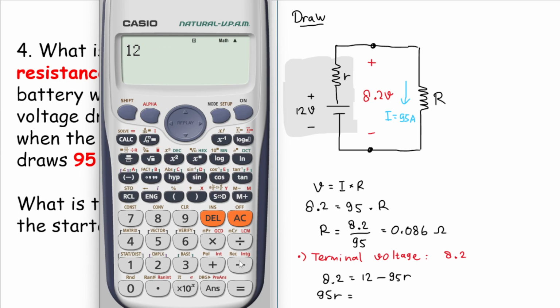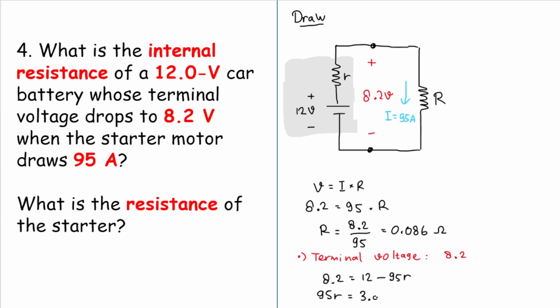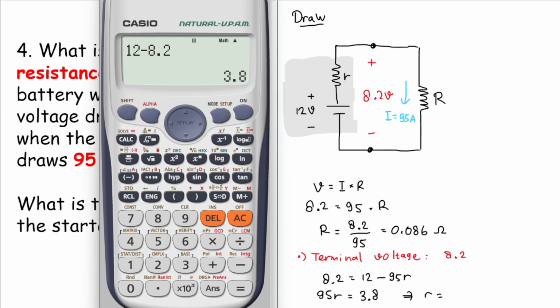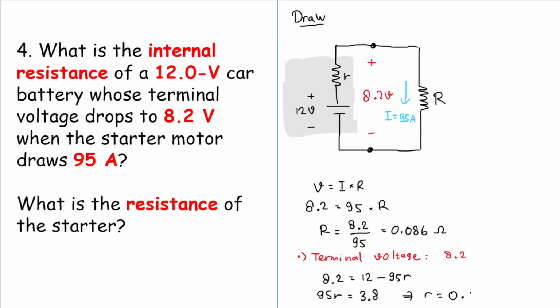12 minus 8.2 will be 3.8, right? So I have 3.8. And for the internal resistance here, we can divide both sides by 95. So we'll have 3.8 divided by 95, and we will have 0.04, so I have 0.04 ohm here.